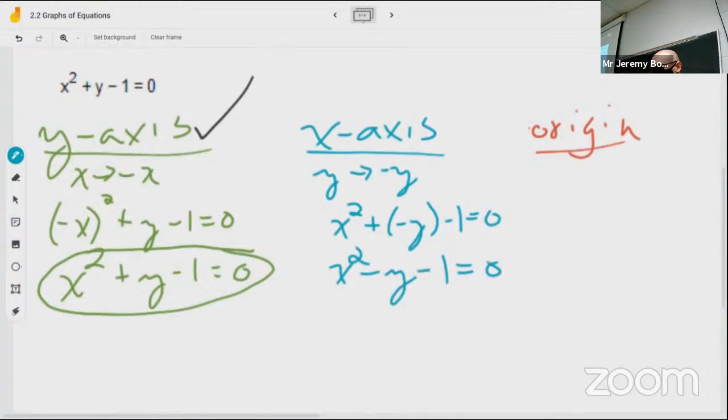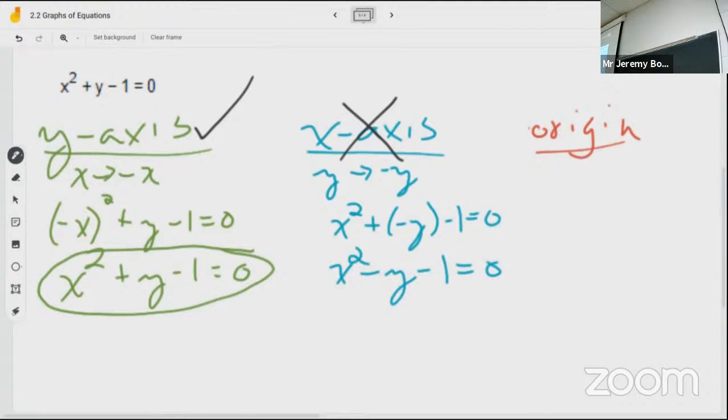But this is still not equivalent to my original because of plus y, minus y. I can try to move stuff around, multiply by negative, but you're still going to end up with some changes that are different. And so it's not symmetric with respect to the x-axis. Any questions on x-axis?